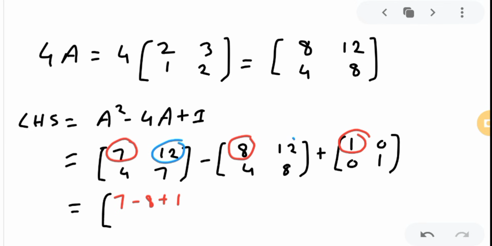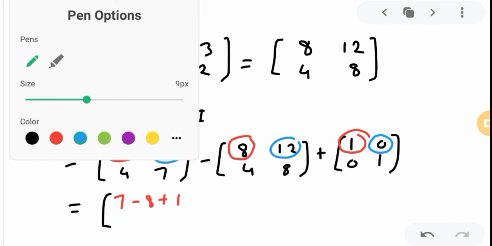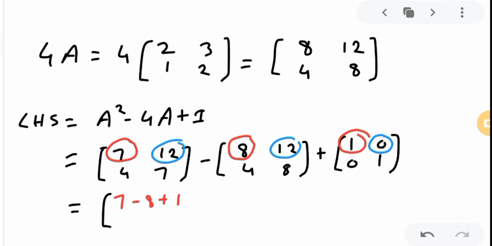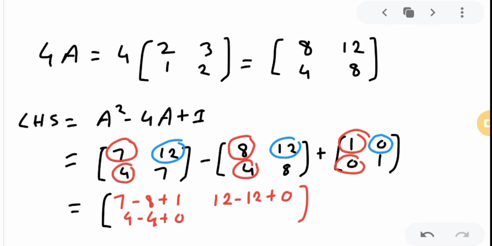So I will write 12 minus 12 plus 0, correct. Similarly, 4 minus 4 plus 0. Similarly, these three are corresponding elements, 7 minus 8 plus 1.